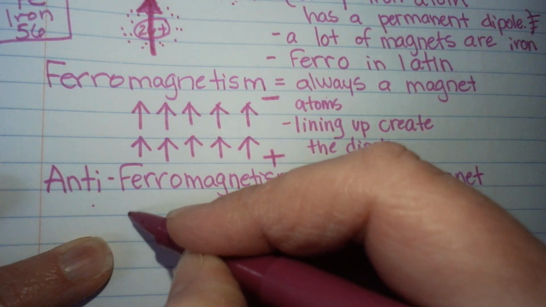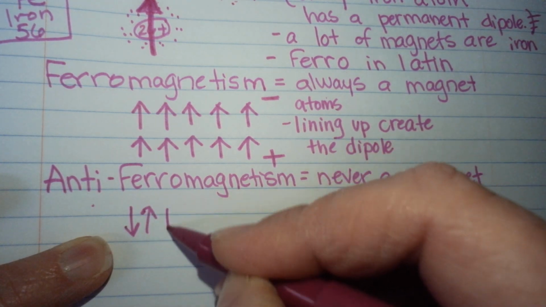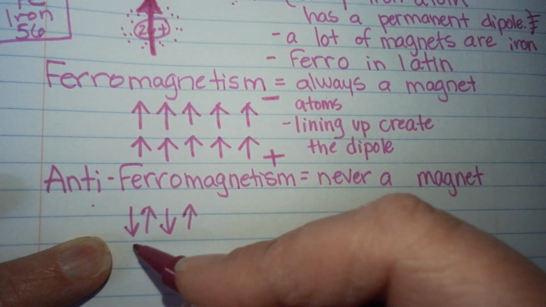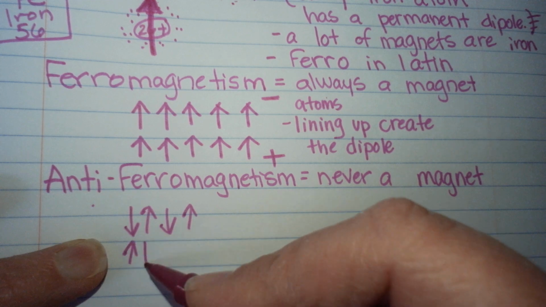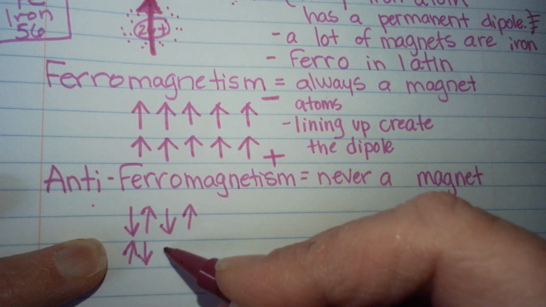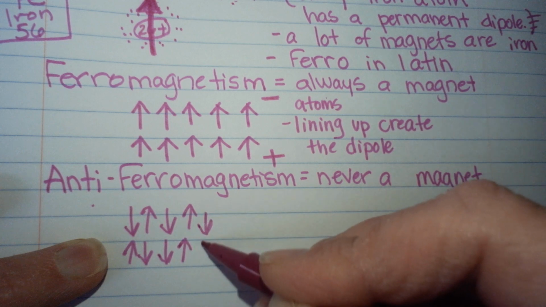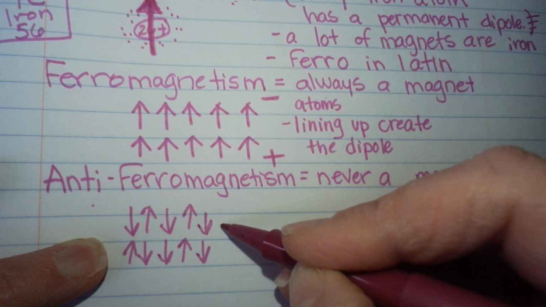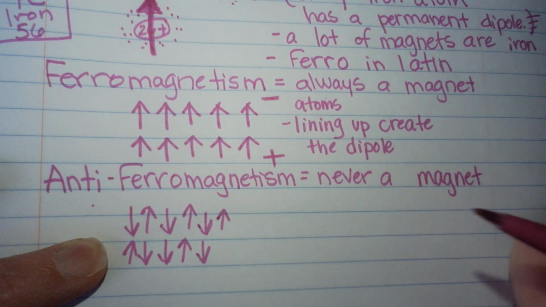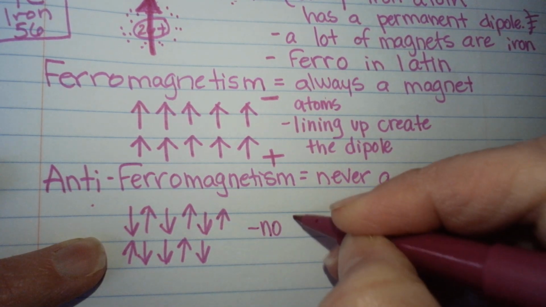Anti-ferromagnetism is going to look like this. Notice how they're not going in the same direction. Right? So there is no lining up.